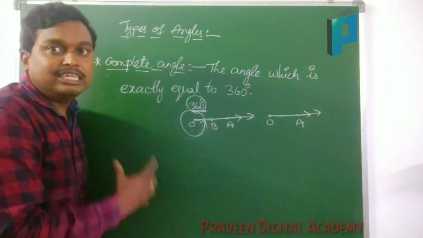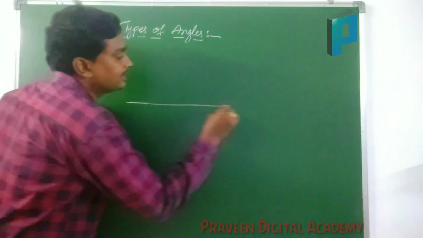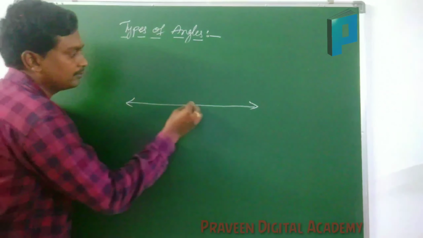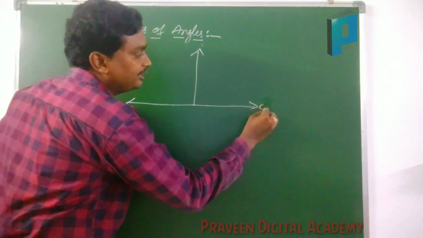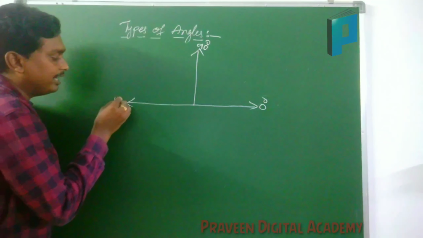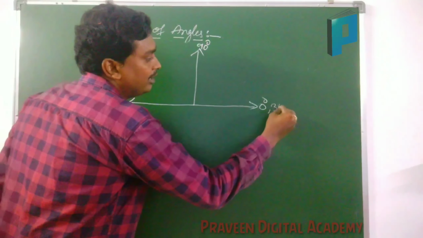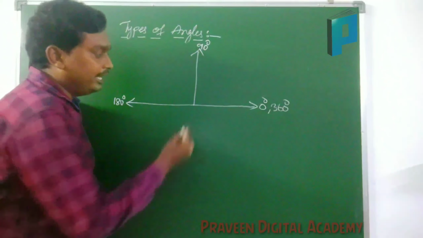Now let us write all these angles in one place. If you are having it like this, this is 0 degree, this is 90 degree, this is 180 degree. Again after completion, here you will get 360 degree.